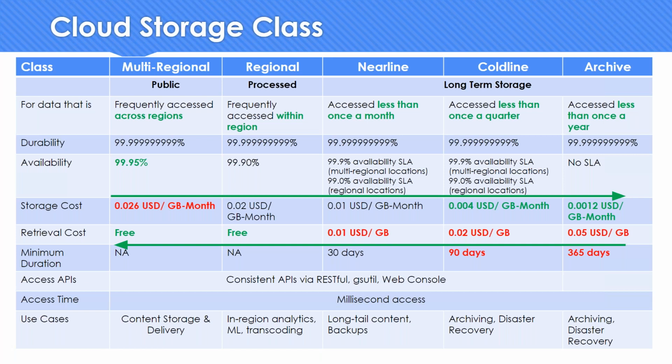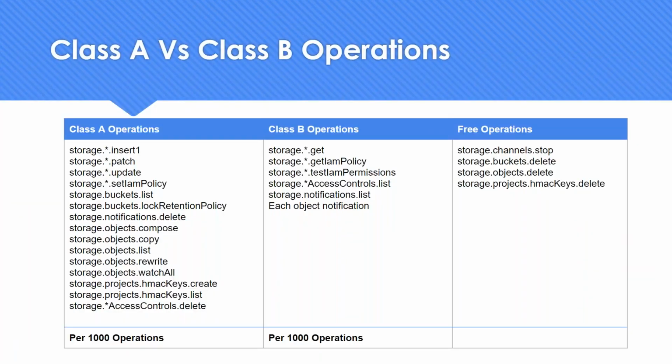Today we'll look into another important thing where I guess some of you had asked a question also. What are class A and class B operations, and what is the difference between class B operations and retrieval cost?